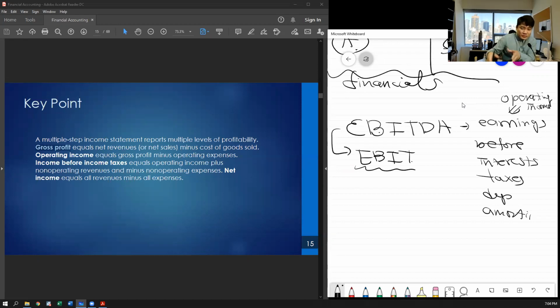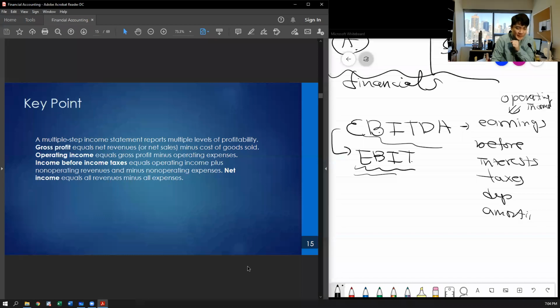I just wanted to provide you some terminology that a lot of financial professionals use in the job setting. For this course, you don't have to know these terms, but just know that we have gross profit, operating income, and income before taxes. Any questions?